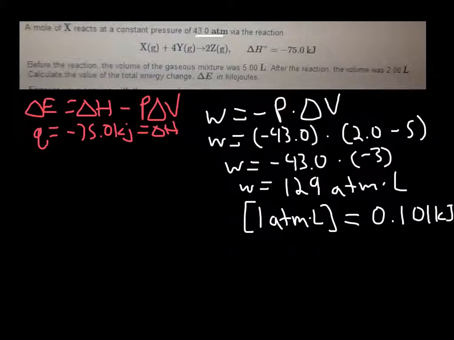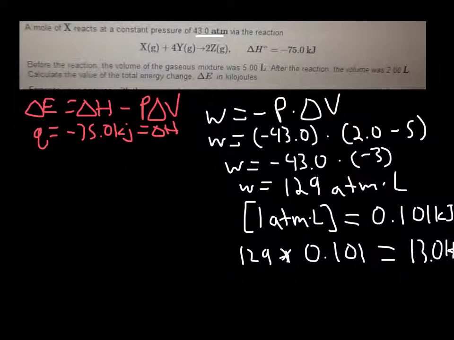So it's just 129 multiplied by 0.101, and I got about 13.0 kilojoules.